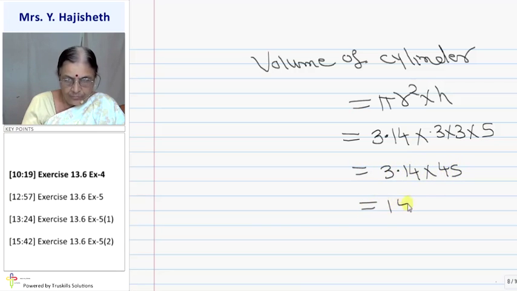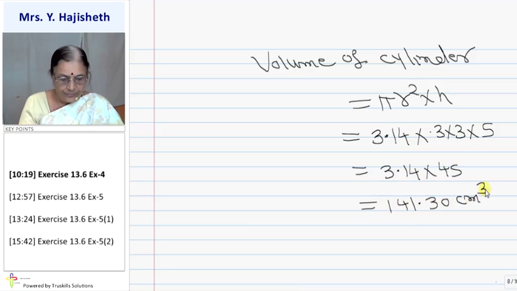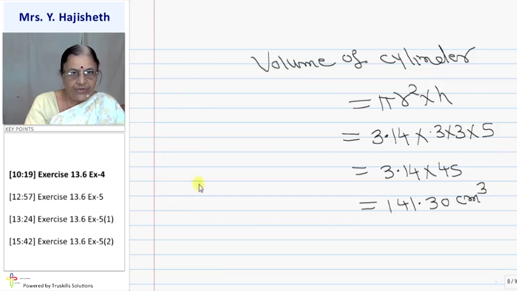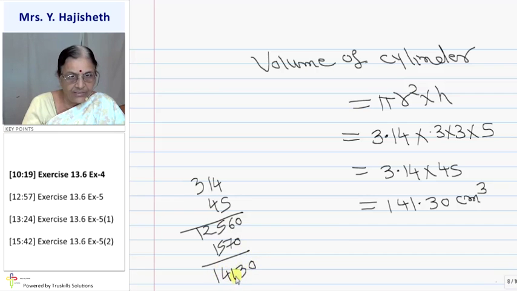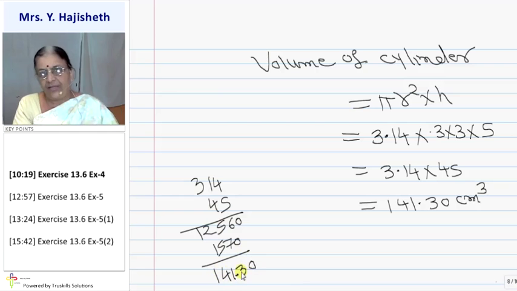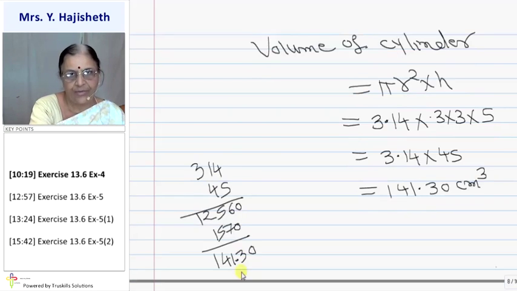So it is 141.30 centimeter cube. If you multiply 314 with 45, calculate karo, 0 6 5 12 0 7 1 5 add karo, you get 14130. Do decimal kato. Clear? Like that you can do the calculation by your own.